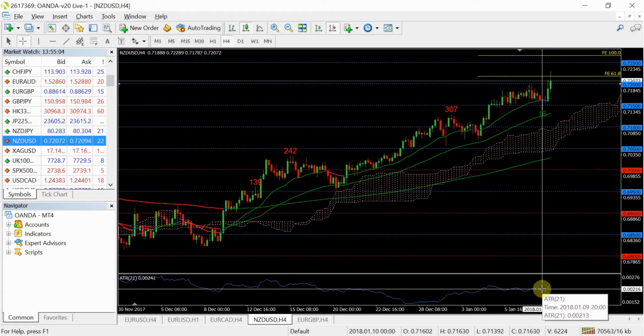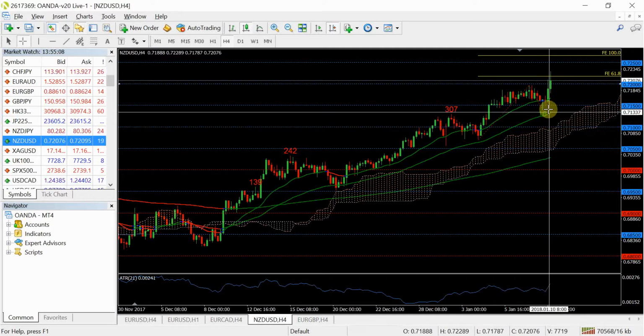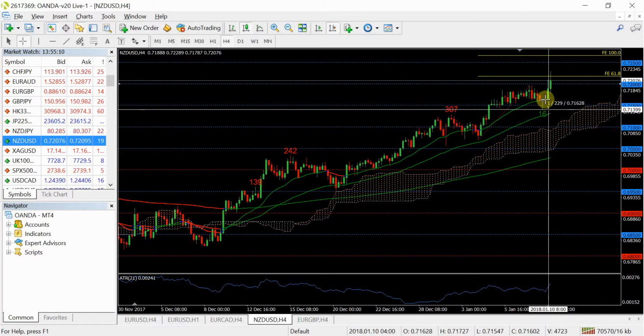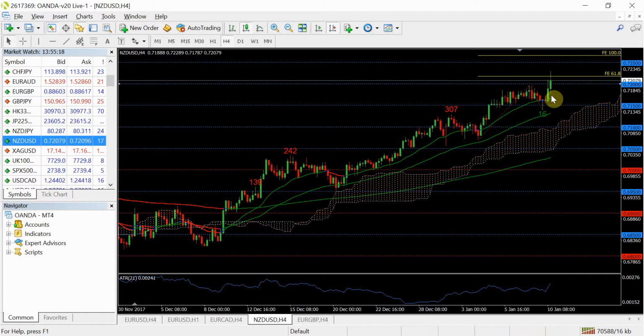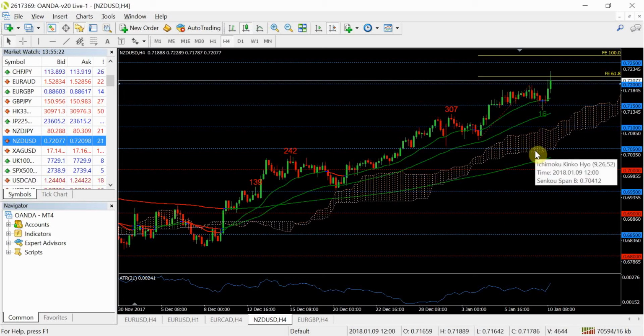The ATR is 21.3 pips, and if I measure that, it's thereabouts, 22 pips probably, so it just makes the 1-to-1. Again, that would have been good enough for me from that perspective.